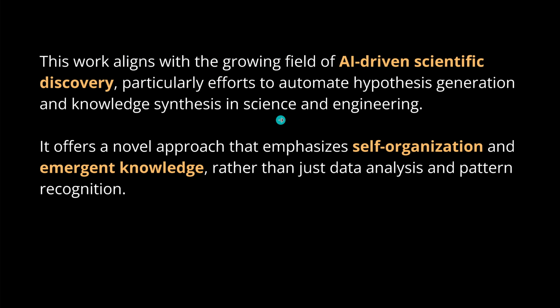And this beautifully aligns with the growing field of AI-driven scientific discovery in medicine, mathematics, physics, material science, space science, wherever you go. Those efforts automate hypothesis generation and knowledge synthesis in science and engineering. So this is fascinating, especially if you think about space and so on.